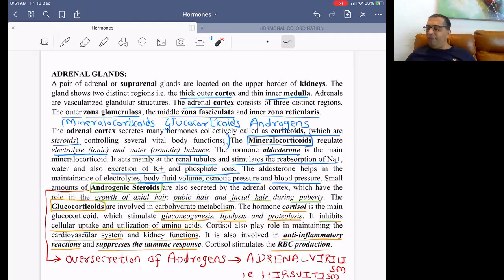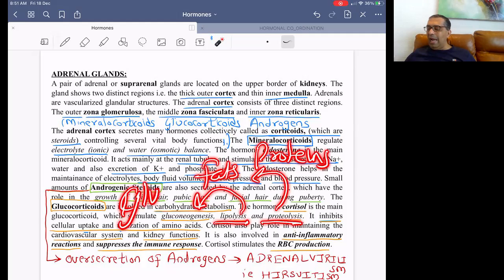So converting of fats into glucose and conversion of proteins into glucose, collectively called as lipolysis and proteolysis, is collectively called as gluconeogenesis.